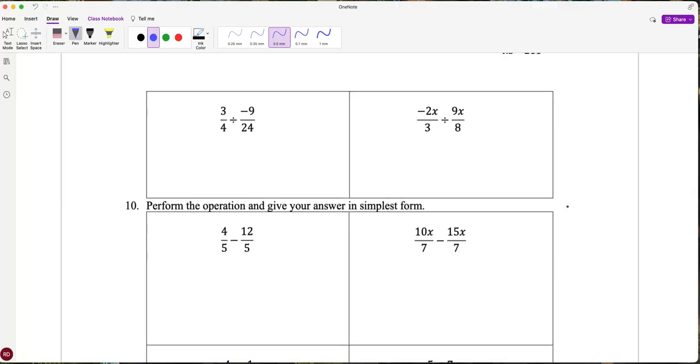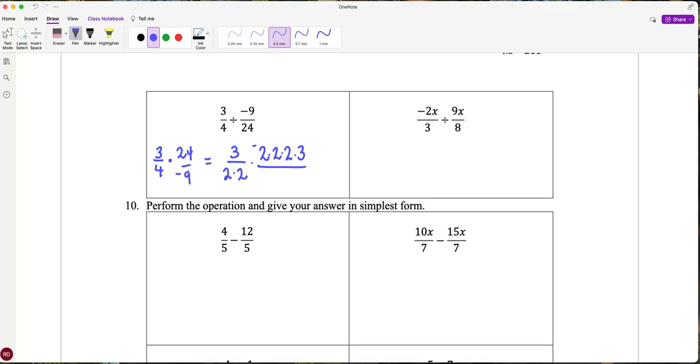Division, turn it into multiplication. So this is 3/4 times 24 over -9. My answer is going to be negative, so I've got a 3, and then a what? 2 times 2, and then 24 is 2 times 12, which is 2 times 6, which is 2 times 3, and that number is negative.